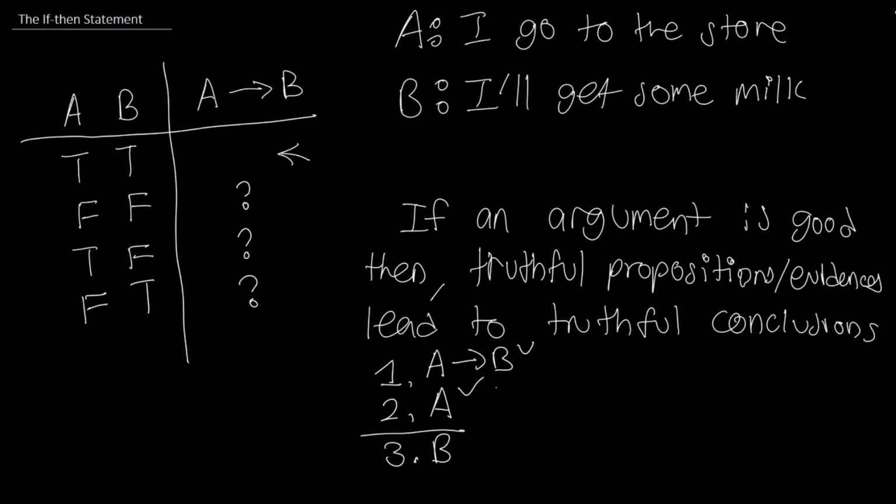And I'm pretty sure that all of you will agree that this is a valid argument. This is a good argument, a flawless one. So there we have it. This is our argument and it is a good one. What does that mean? That means that we have truthful propositions and truthful conclusions.